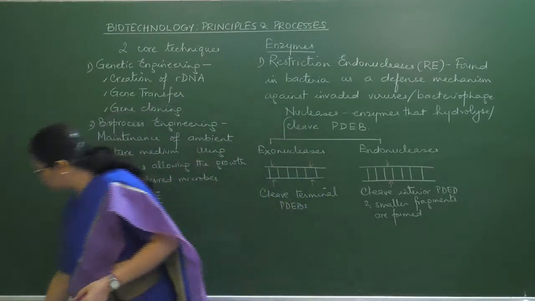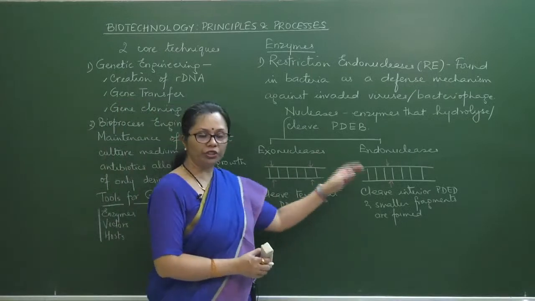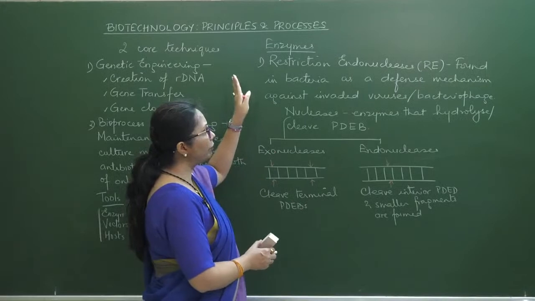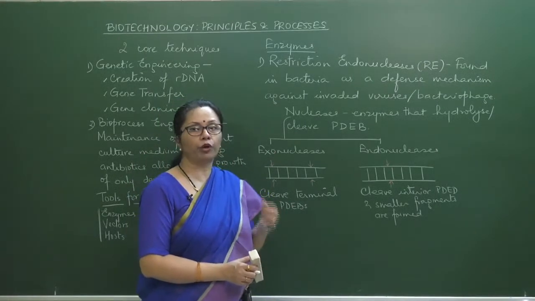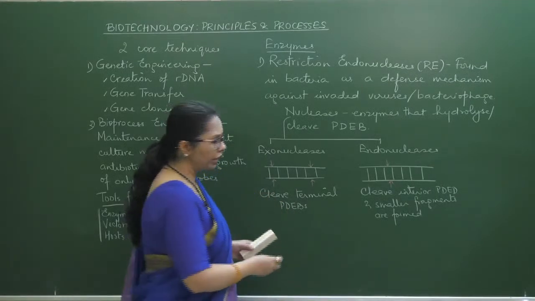Now before I go further into restriction endonucleases, one more enzyme let me mention. Now you see, when the bacteria is producing restriction endonuclease, its own DNA is protected from this restriction endonuclease by an enzyme that is called methylase.